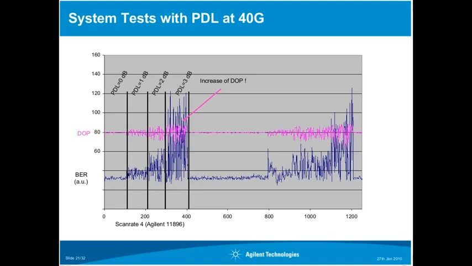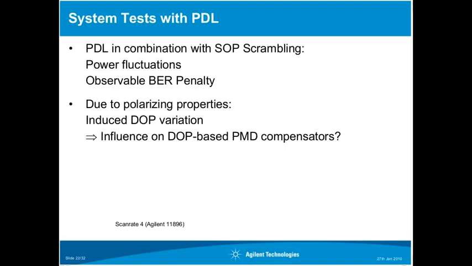So that is something you want to understand if you have a PDL problem on your link, because this is probably influencing the capabilities of your PMD compensator. So PDL in combination with SOP scrambling is creating power fluctuations. It's actually not only power fluctuations, it's some sort of change in OSNR.